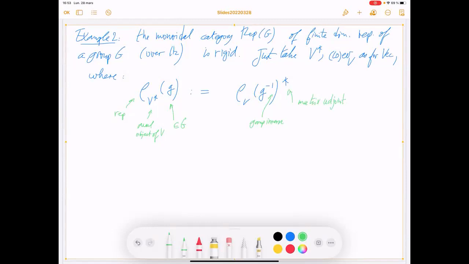But because it's a representation of a group, you can also put that here, and this will be the matrix inverse. But it's more elegant like that.